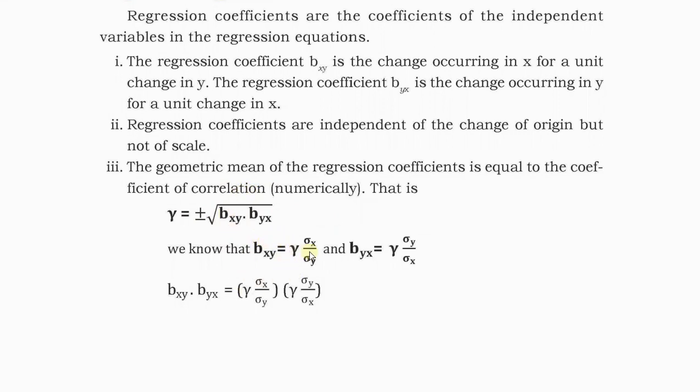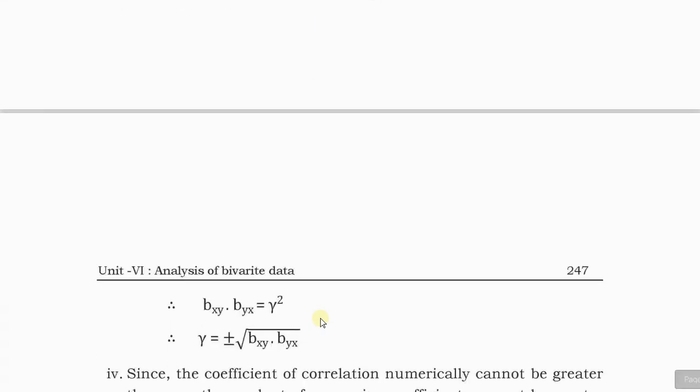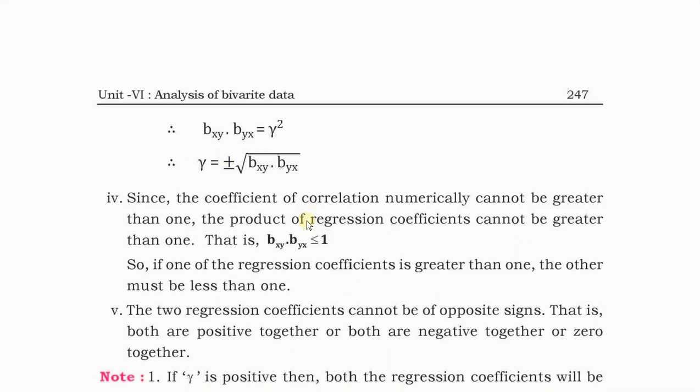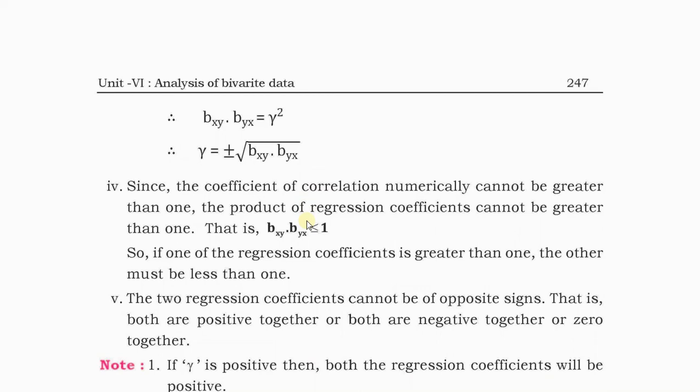We know that the regression coefficients are given by this. Therefore, bxy into byx is equal to correlation coefficient into standard deviation of x divided by standard deviation of y, into correlation coefficient into standard deviation of y divided by standard deviation of x. So that results into bxy into byx is equal to correlation coefficient squared. Therefore, correlation coefficient is equal to root of bxy into byx. So this is the relation between correlation and regression.